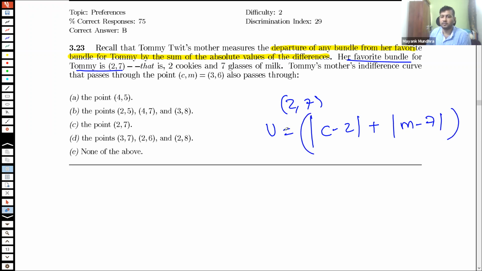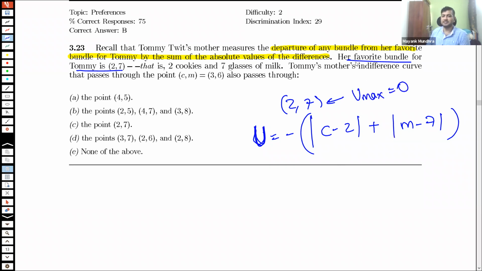Why am I assuming this utility function? Her utility is measured by this because any departure from 2,7 will reduce the utility. That captures the idea that 2,7 is the ideal bundle, because this is the point where u max equals 0 is reached.